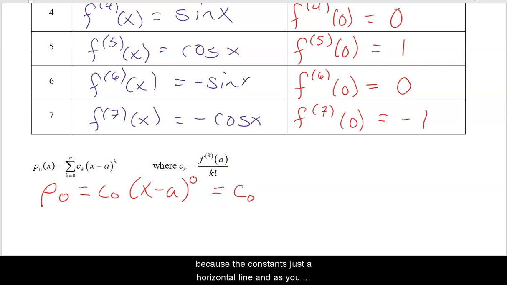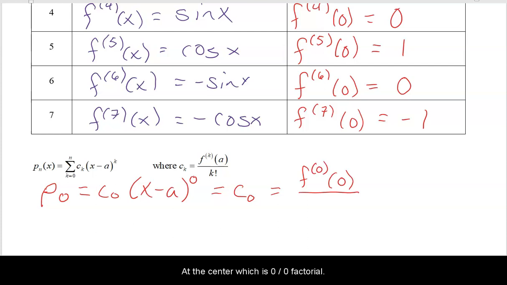It's going to be a terrible approximation because a constant is just a horizontal line. And as you know, that's not a very good approximation for anything except another horizontal line. However, we can compute using this part of the formula for the constant. This has to be the 0th derivative, which is the actual function itself, at the center, which is 0, divided by 0 factorial.